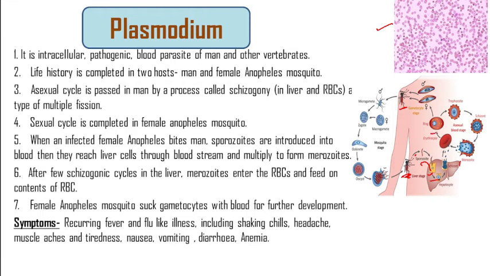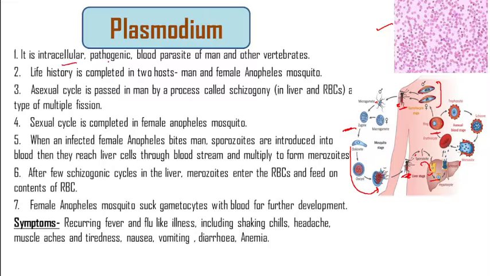They enter the RBCs and rupture the RBCs. They form the gametocyte cells. Okay, they are picked up by the bite of another Anopheles mosquito, and there is fusion of the male and female gametes forming the zygote, and further development takes place forming the sporozoites, which are further picked up by the female Anopheles mosquito.